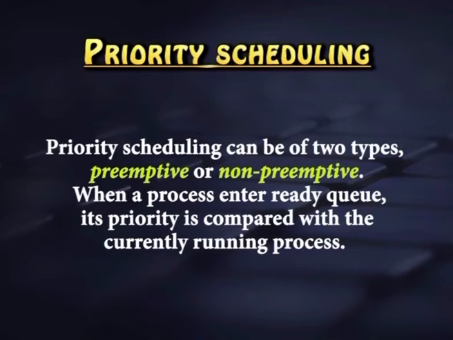When a process enters the ready queue, its priority is compared with the currently running process. If the priority of the incoming process is higher than the currently running process, the preemptive priority algorithm preempts the currently running process and the recently arrived process will get the CPU.